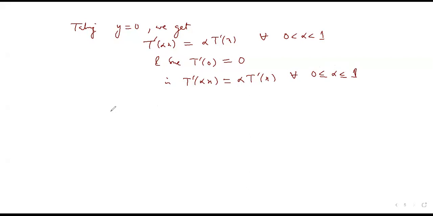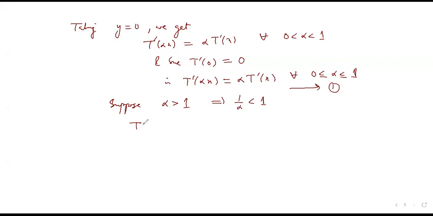Now suppose alpha is bigger than 1. Alpha is bigger than 1. It implies that 1 by alpha is less than 1, and for 1 by alpha less than 1 we have already proved this. Let's call it 1.